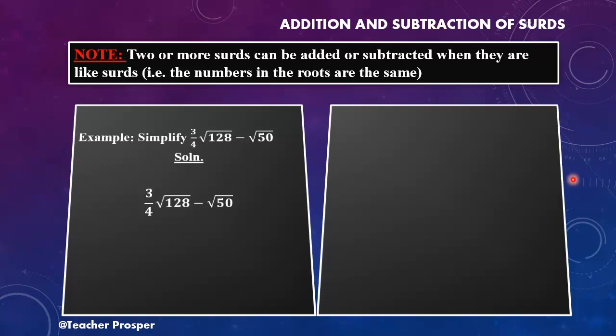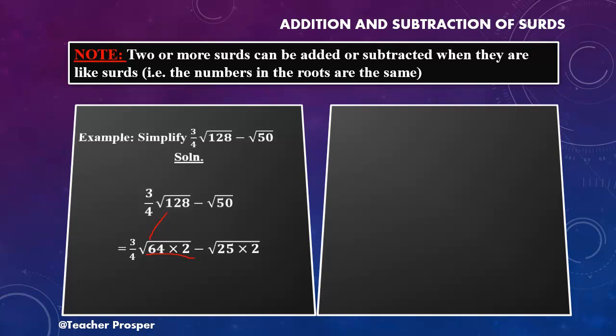Now, to simplify this, what we will do is try to break the square root of 128 down and simplify it. When we are simplifying, we are looking for two factors, one perfect and one not perfect, that when we multiply, we get 128. So square root of 128 will give us square root of 64 times 2. 64 is perfect, 2 is not.